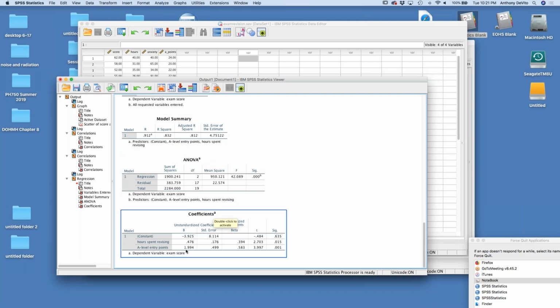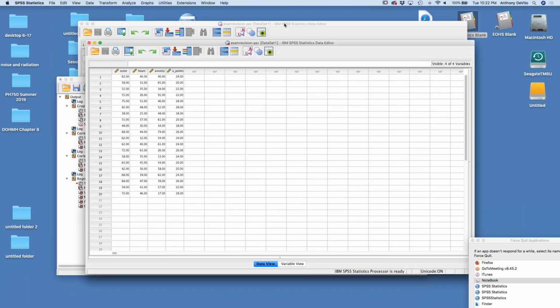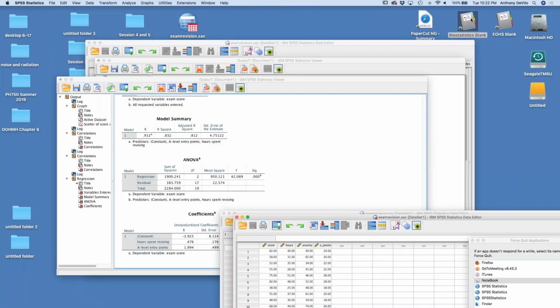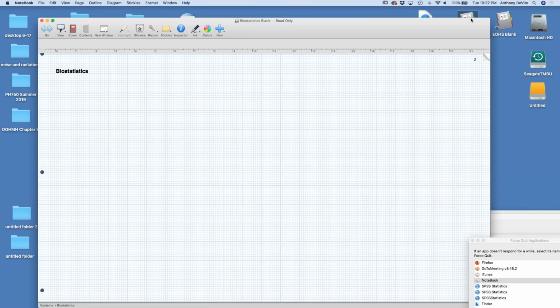But now, how do these coefficients change? Well, now I have two slopes that contribute here. I have the hours spent studying, and I have the entry level points. So our new formula for our multiple regression is going to be y equals beta 1 x plus beta 2 x plus our y-intercept, I'll call that alpha.